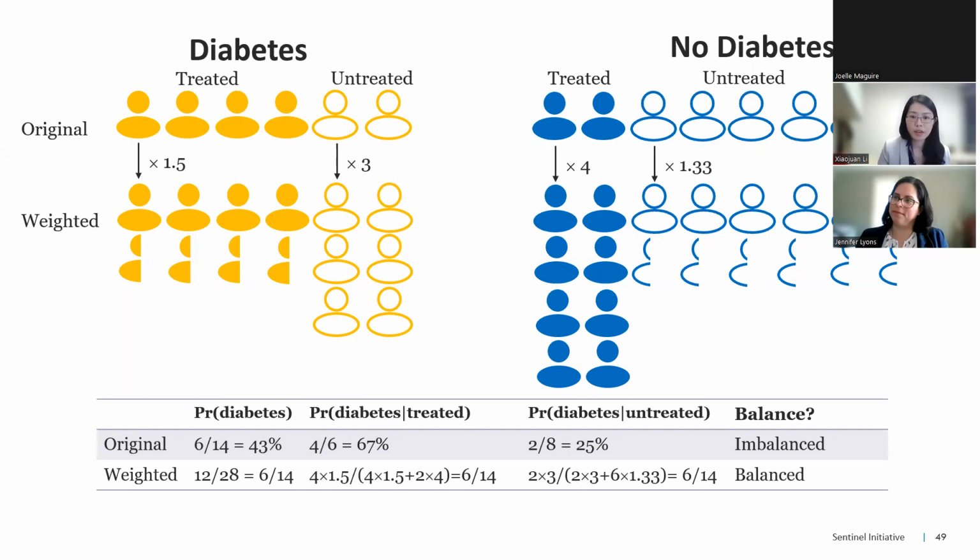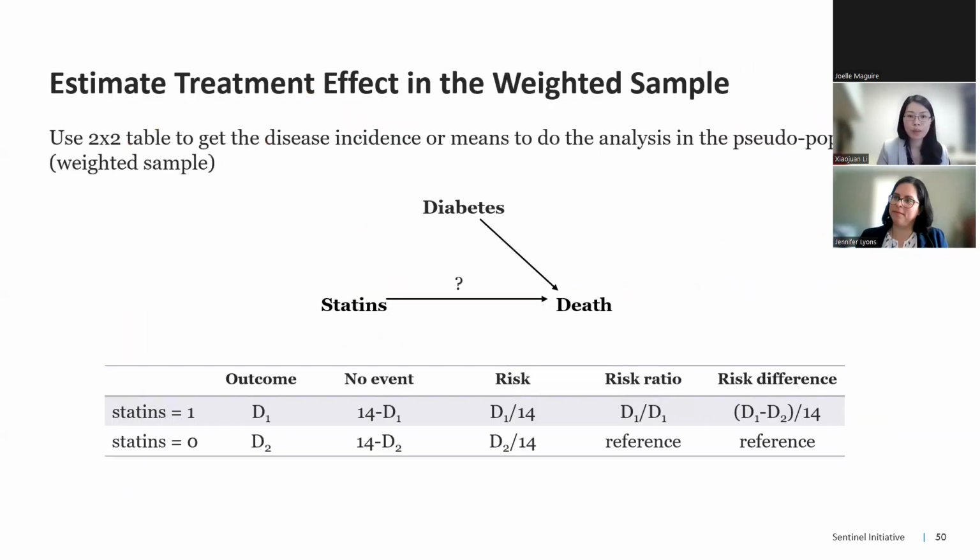Now with this weighted sample or the pseudo population, we can go ahead and do our effect estimation. What you can do is just set up a 2x2 table and count how many individuals in the treated group had an outcome event and how many in the untreated group had an outcome event, and then get the risk to calculate the effect measure of interest, such as risk ratio or risk difference.